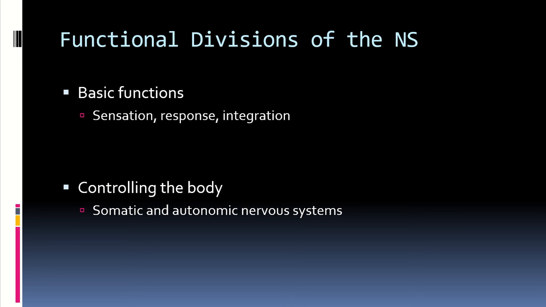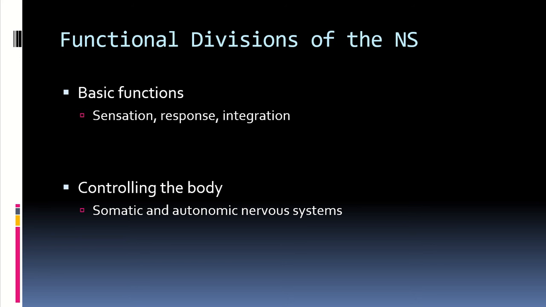And another main function is actually controlling the body. Which is very important for actually moving around, or in a less typical way of thinking about it, controlling the body's different organs to properly do what they have to do.